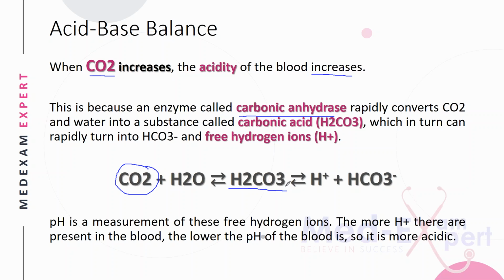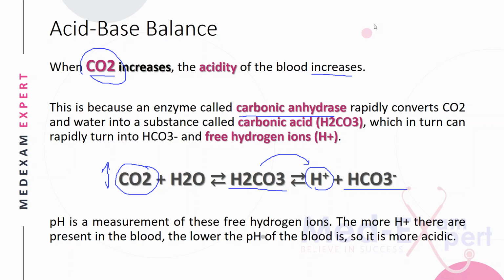This acid is a weak acid, and it turns rapidly into hydrogen ions and bicarb. So the more CO2 I have, the more free hydrogen ions in the solution, and this leads to acidity. That's why when CO2 increases, it leads to acidity of the blood.